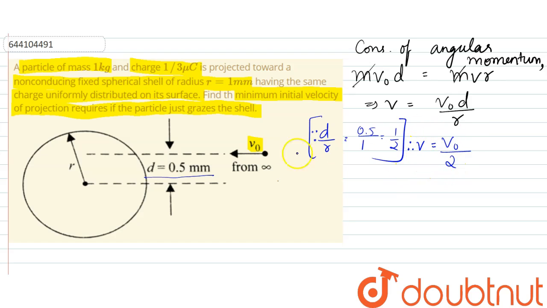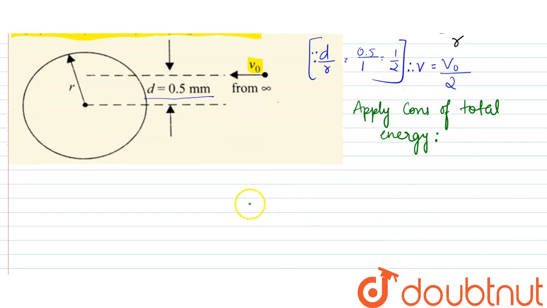Next we will apply the mechanical energy conservation principle, conservation of total energy. So initial potential energy plus kinetic energy is equal to final potential plus kinetic energy.